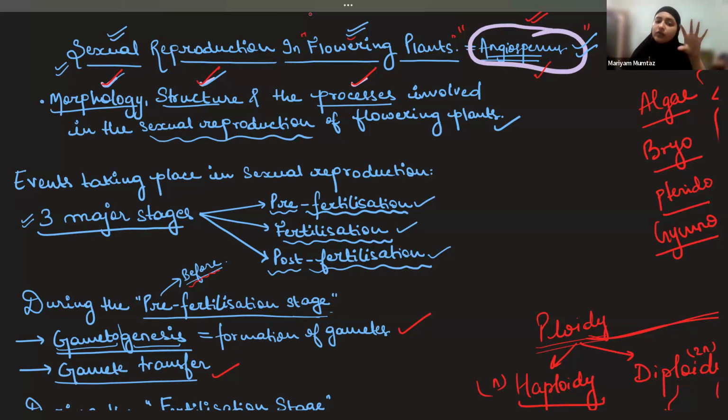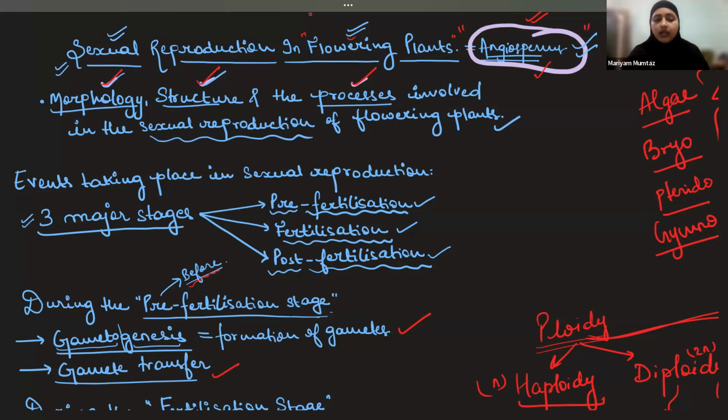Everything that happens before the gametes fuse is a pre-fertilization event. Then comes fertilization, the actual process. Lastly, post-fertilization events are all the developments that take place after fertilization has been done. So we'll divide the whole of sexual reproduction into three phases and study likewise.